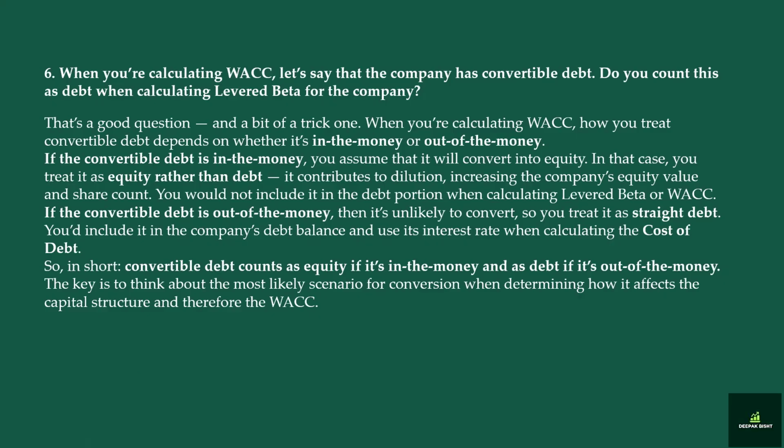This is a great question, and it's a bit tricky because the treatment of convertible debt in weighted average cost of capital depends on the conversion likelihood, and specifically whether it's in the money or out of the money at the time of the analysis. From a theoretical perspective, the goal when calculating weighted average cost of capital is to weight the required returns of each capital component, debt, equity, and any hybrids, in proportion to their market values.